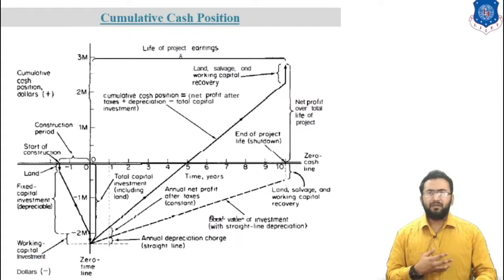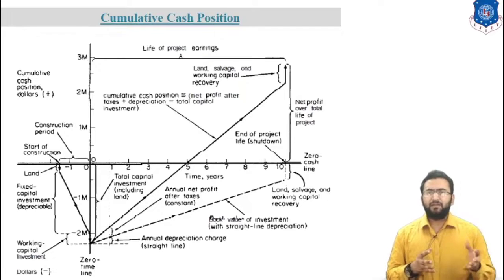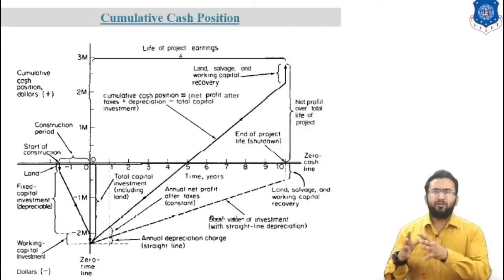But profit, in the ideal situation, comes in from operation as soon as time is positive. Cash flow to the company in the form of net profit after tax and depreciation charge starts to accumulate and gradually pay off the full capital investment. For this condition, in this figure, the full capital investment is paid off in 5 years.